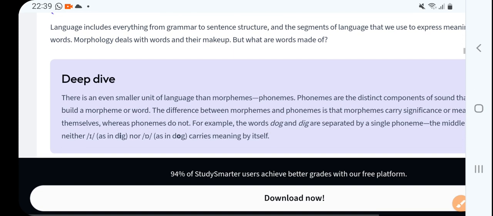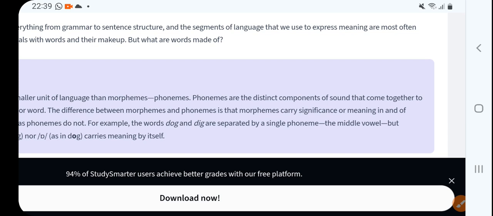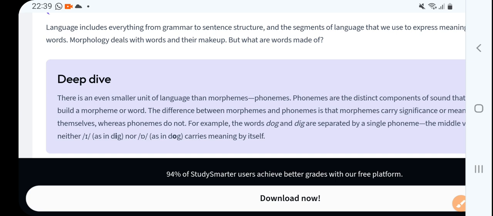Language includes everything from grammar to sentence structure. The segments of language that we use to express meaning are most often words.